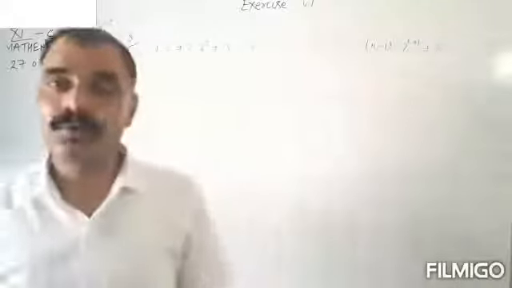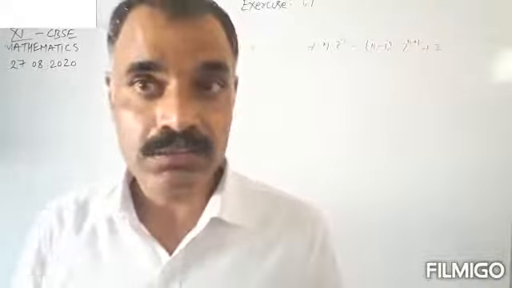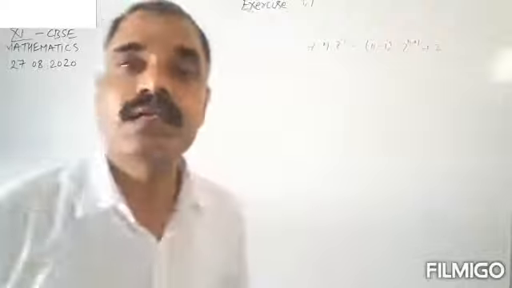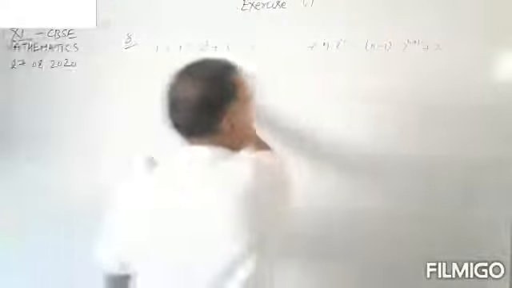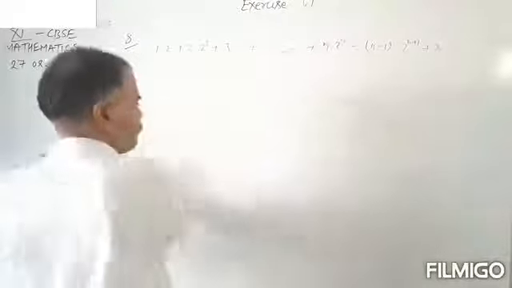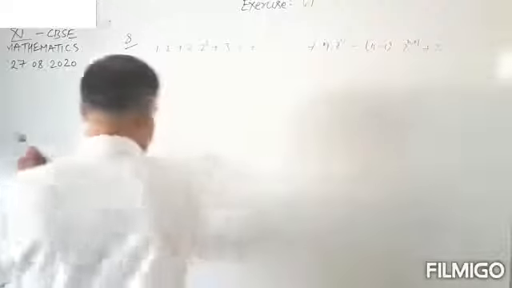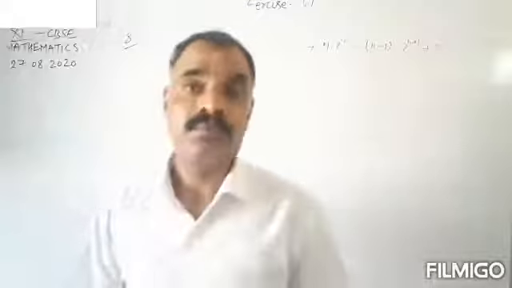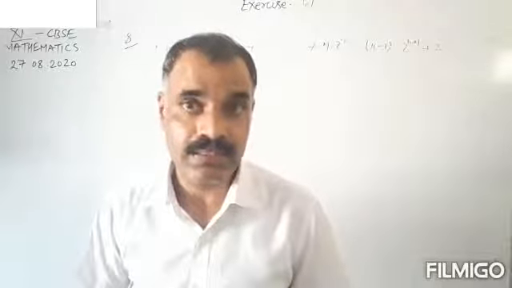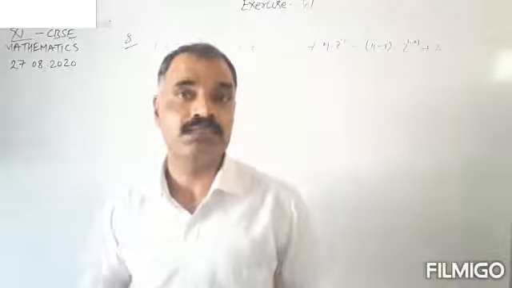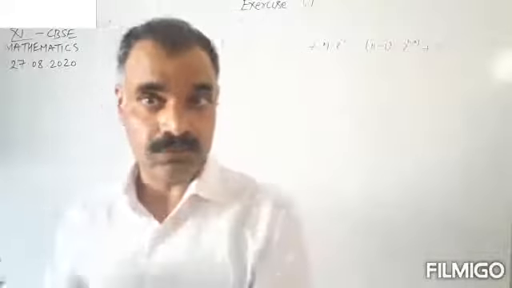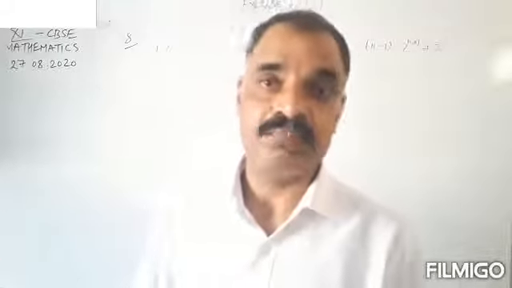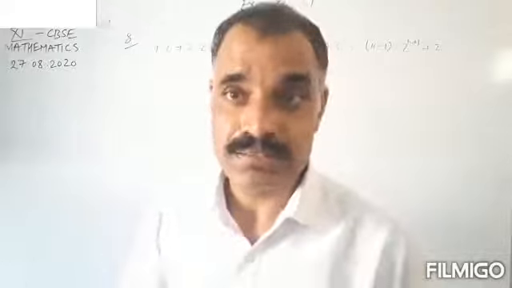We are doing the principle of mathematical induction. We are on the topic principle of mathematical induction, and we are proving the given mathematical statement in which mathematical relations are given.